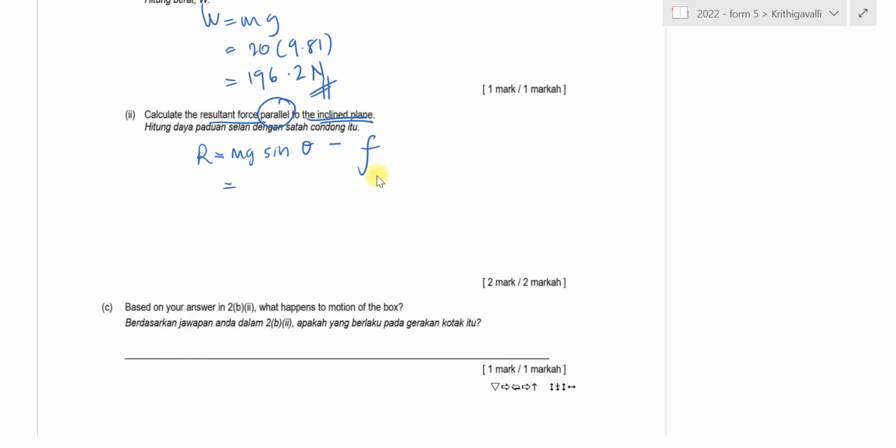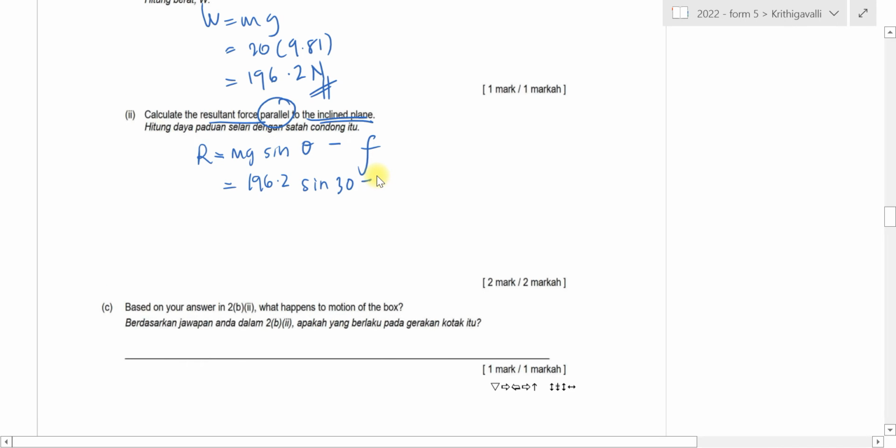So mg is 196.2, which we found just now. 196.2 sine 30 minus 100. It's showing me -2.